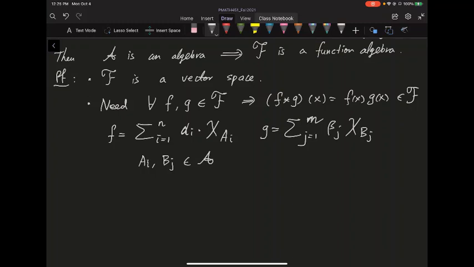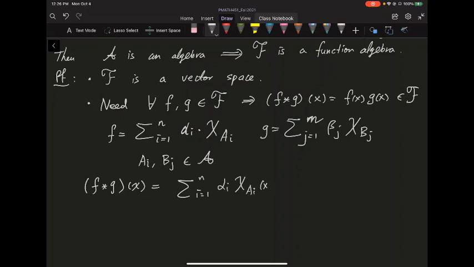So how do I show that? Well, we just compute f multiplied by g, evaluated at x. This is essentially their pointwise multiplication. So this is the sum over i from 1 to n of alpha_i chi of A_i evaluated at x, and then I multiply the thing I put in for g, the sum of beta_j chi of B_j of x.